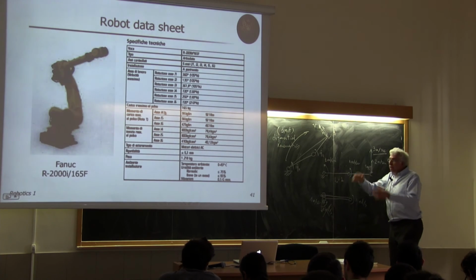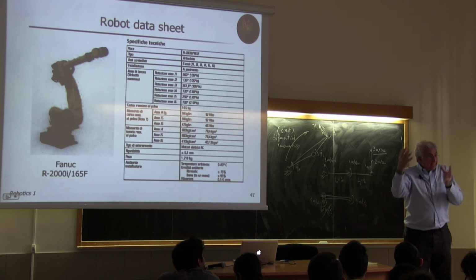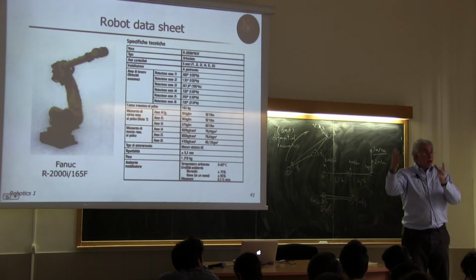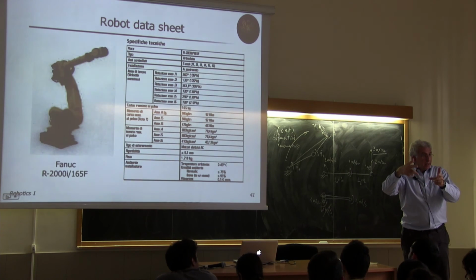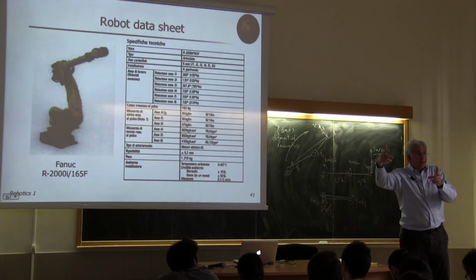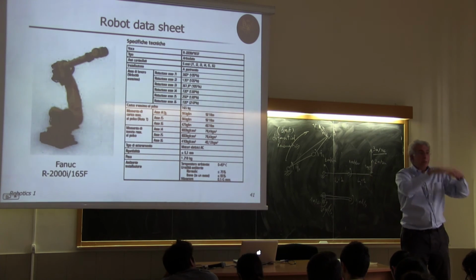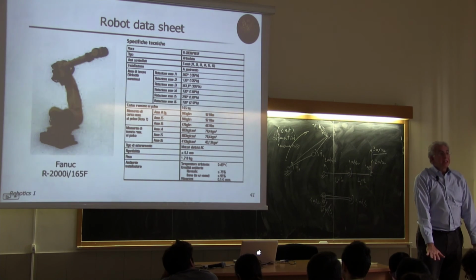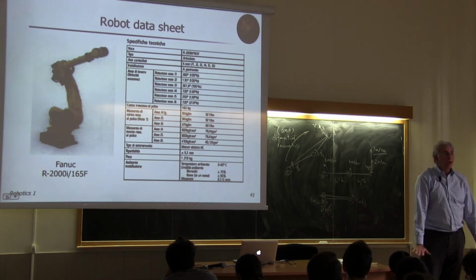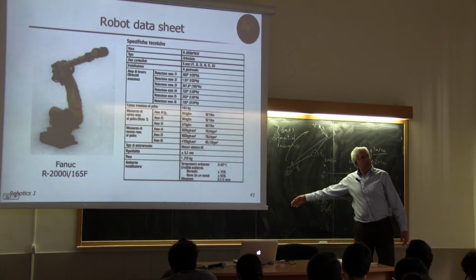So if we have 6 joints, we will have 6 moving links, and on each link there is a reference frame. Okay? So there will be 6 reference frames, and we should characterize their position and orientation with respect to a basis 1, which is at the link 0, let's say, the floor, which is not moving. It's the reference frame that we have mentioned before.